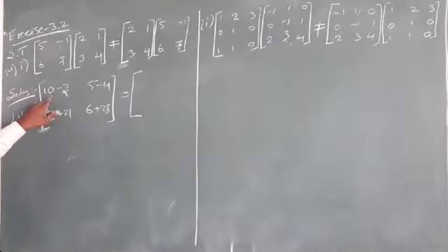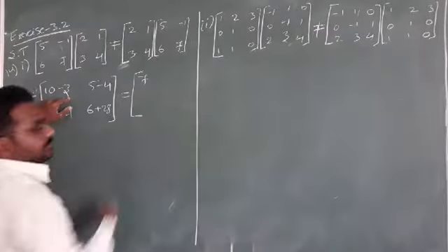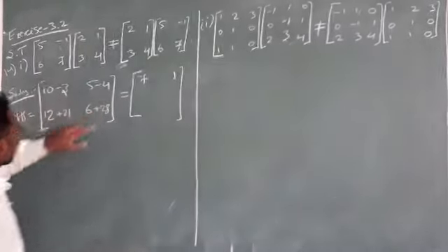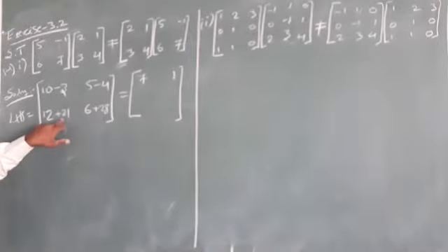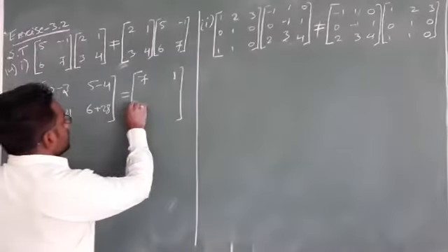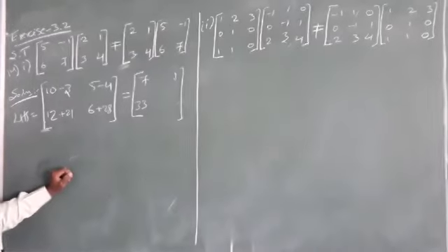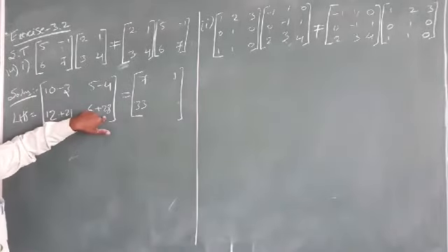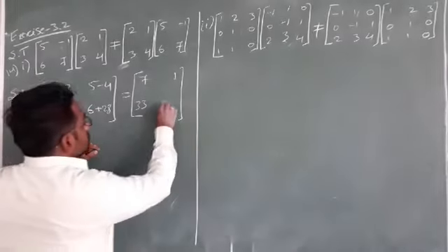Sorry students. 10 minus 3, that is 7. 5 minus 4, that is 1. 12 plus 21, that is 33. 28 plus 6, that is 34.